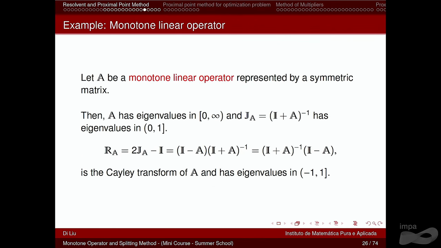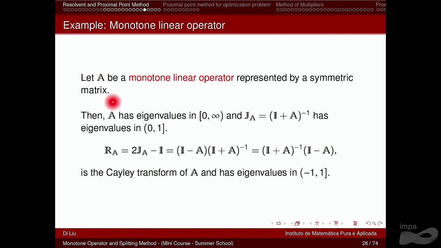We see some examples and properties of the resolvent. Okay, first, if A is monotone and linear, represented by a symmetric matrix, then A has eigenvalues from 0 to infinity, and the resolvent has eigenvalues between 0 and 1.